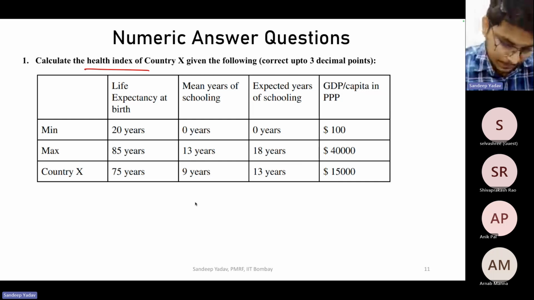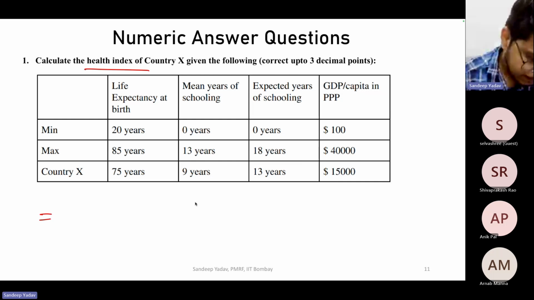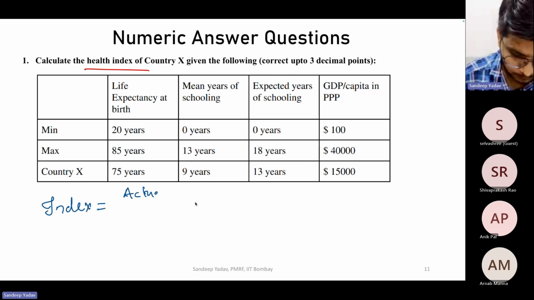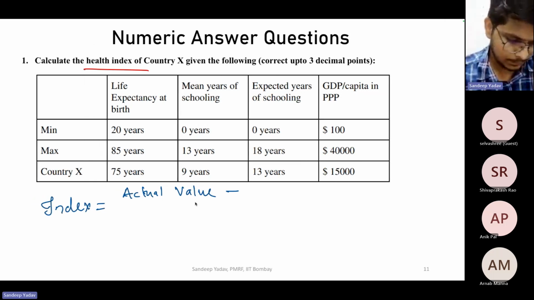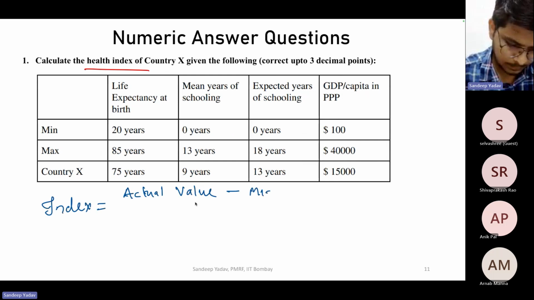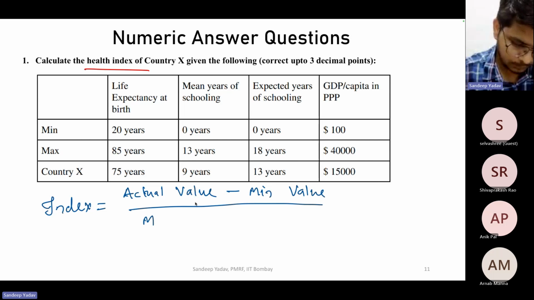So if you see, health index is an index. What is the standard formula? Index is actual value minus minimum value upon maximum value minus minimum value.